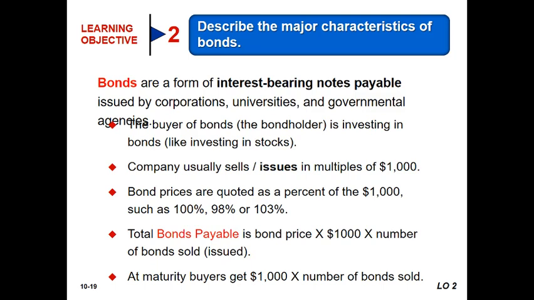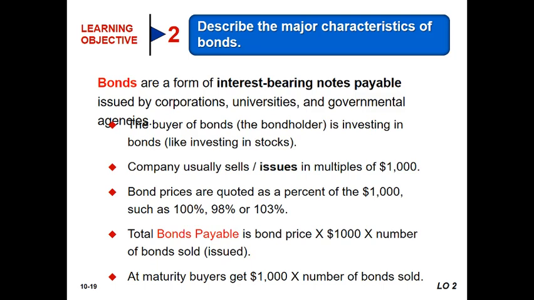Companies usually sell or issue bonds in multiples of 1,000. And bonds are quoted, when we're looking at purchasing one in a bond market, as a percent of the 1,000. So if it is 100%, it is 1,000. If it is 98%, it's 980. So on and so forth.